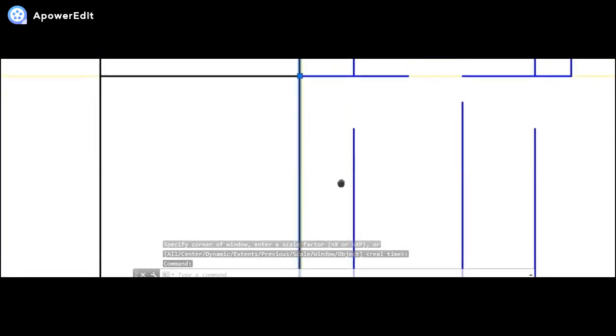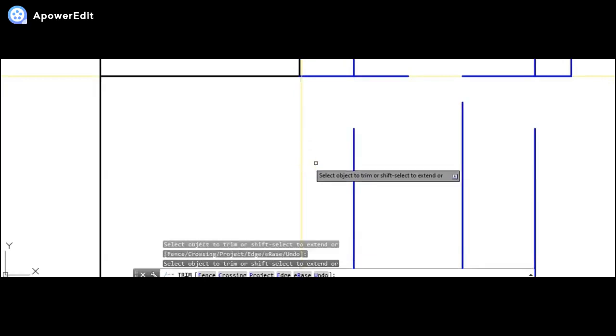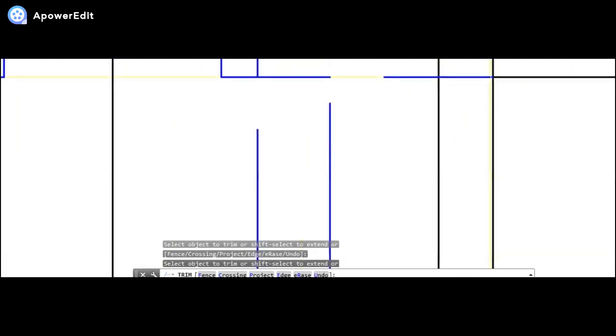I can just remove the part that is not required. Like I'm talking about this particular edge, it won't be coming like this, and even on the other part it won't be coming, this dark edge, this one.